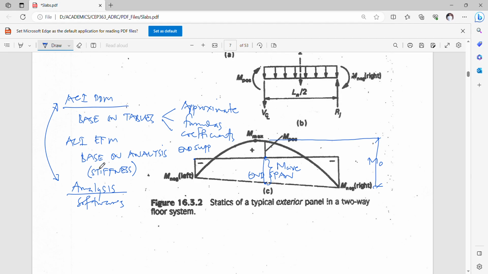How to distribute the static moment Mo longitudinally is the difference between the ACI direct design method and the ACI equivalent frame method.